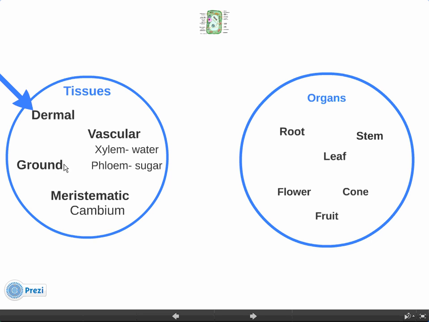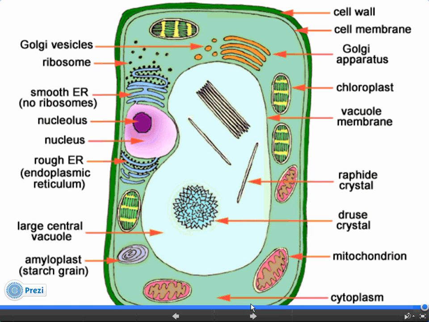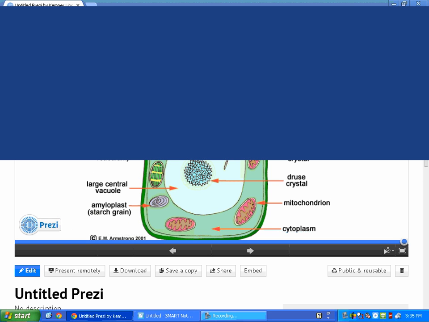You basically find ground tissue in every single organ, in the root, stems, and leaves. And all of this goes back to the plant cell itself. That's the smallest unit of function in the plant. So that's everything to know about plants for the EOC. Thank you.